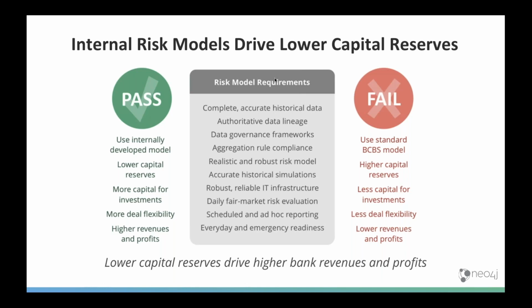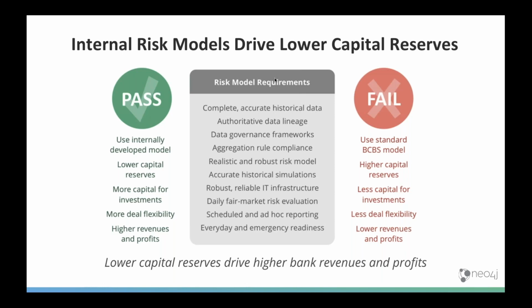So the whole idea is that there is a risk model that is prescribed, and banks can either accept the capital reserve requirements for their set of assets from the federal government and the Fed, essentially, or they can apply to use their own model.